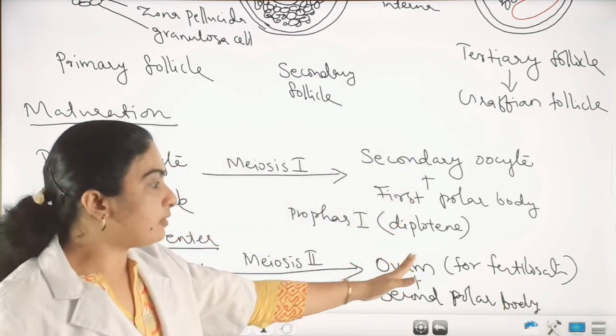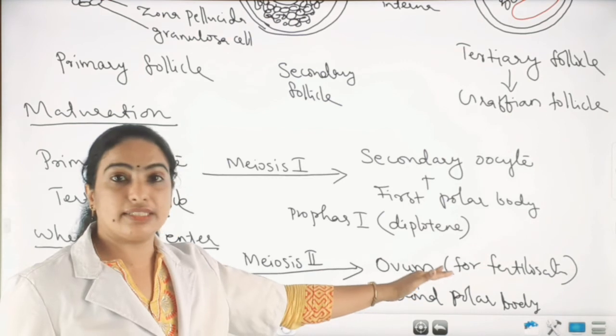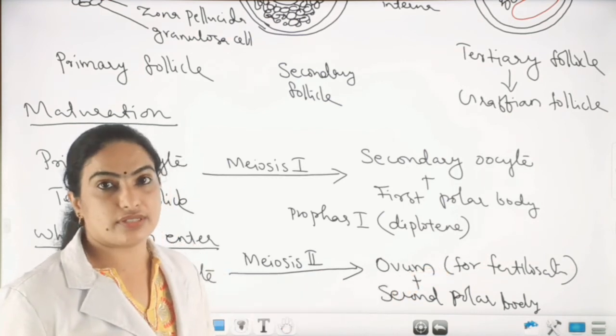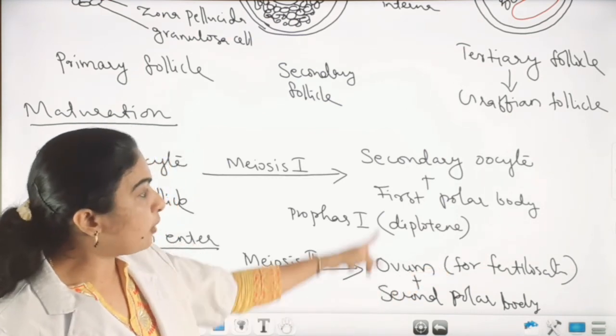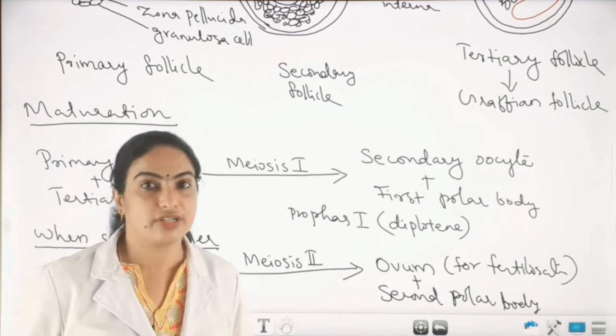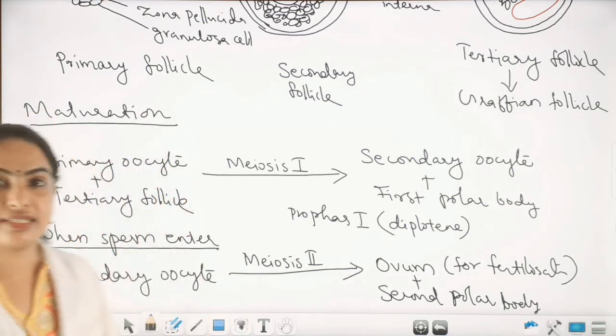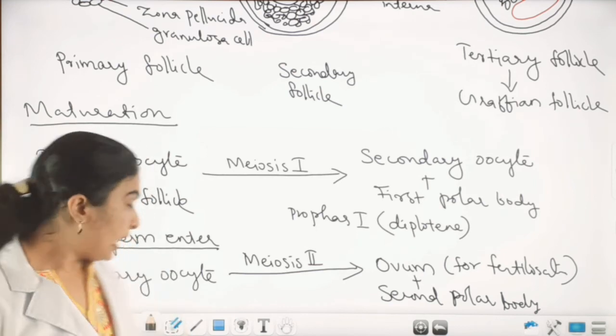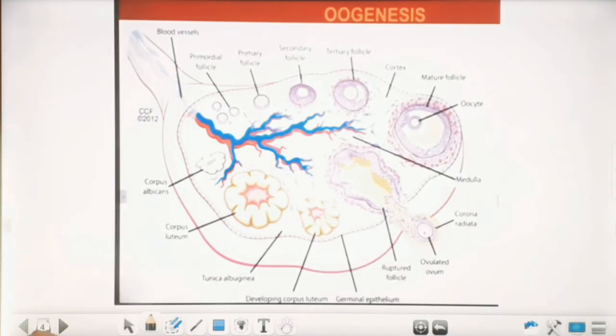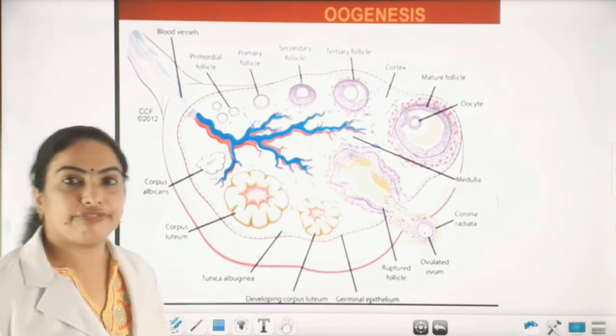So this ovum for fertilization then gets developed into zygote. Okay. And the second polar body and the first polar body get degenerated. Is it clear about the 3 phases? Maturation phase also.